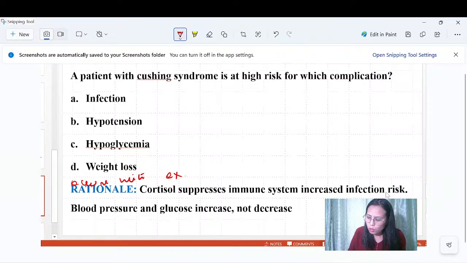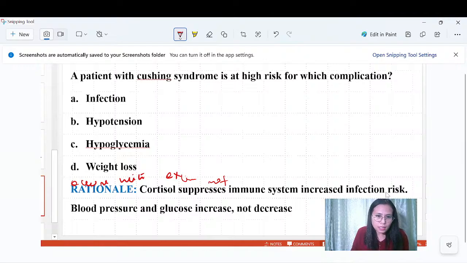In Cushing syndrome, there is hyperglycemia, not hypoglycemia, because of excess cortisol. It occurs with excess steroids and sodium retention.